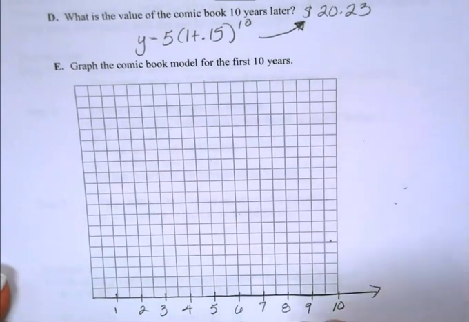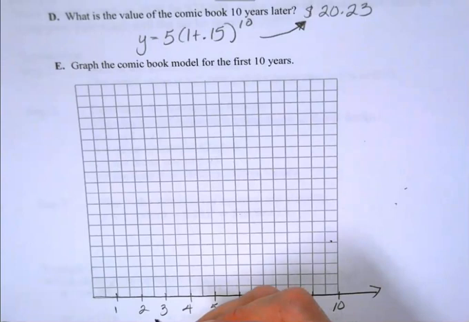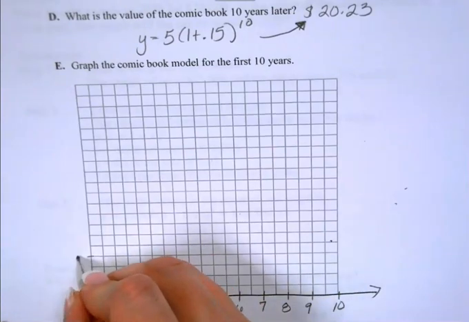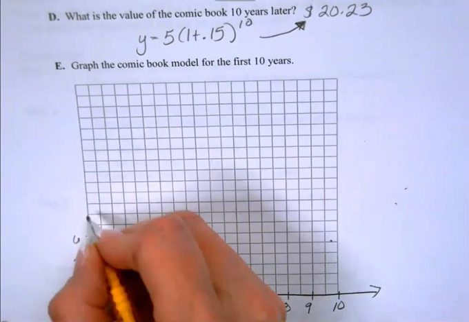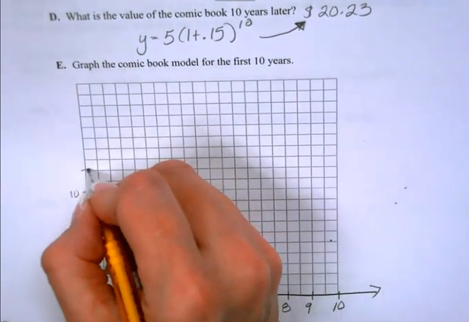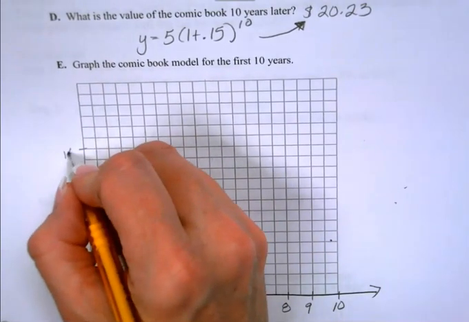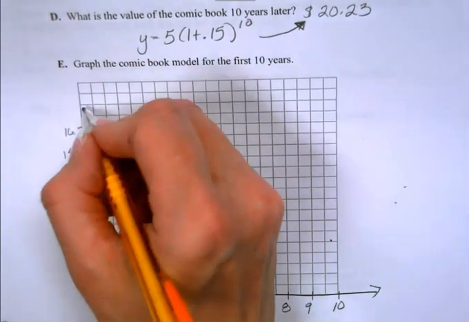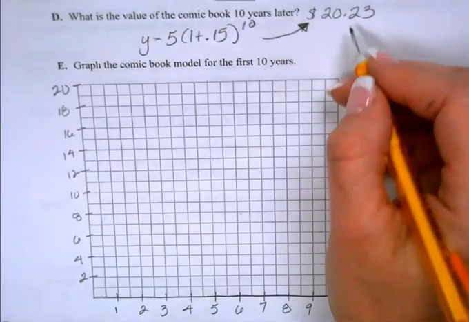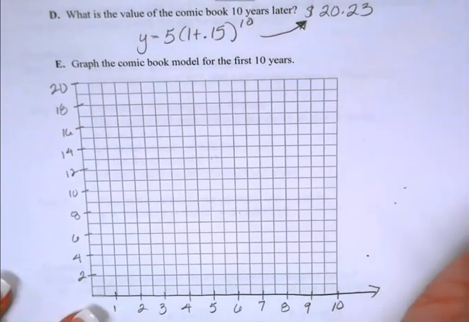So maybe on the y-axis, I think I can go by ones and I'll be okay. So that's 1, that'll be 2, 4, 6, 8, 10, 12, 14, 16, 18, and 20. So it's going to go slightly off my graph, but I can estimate where that's at.